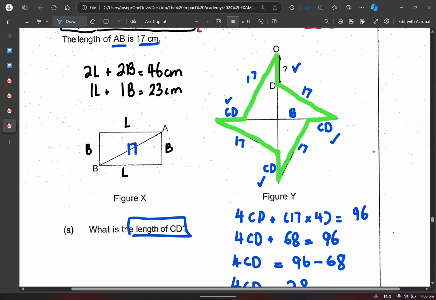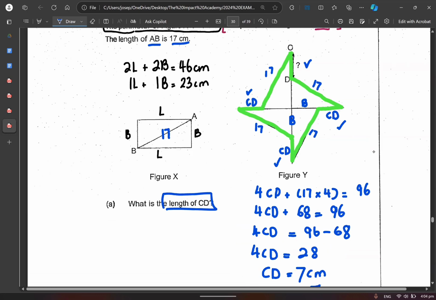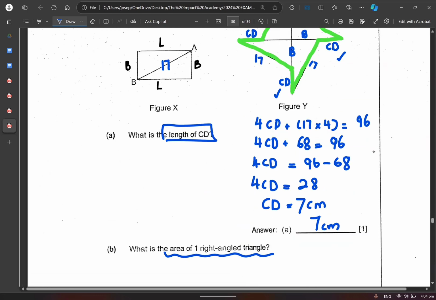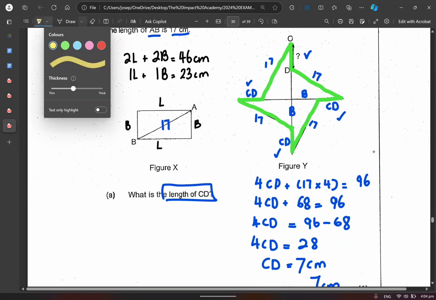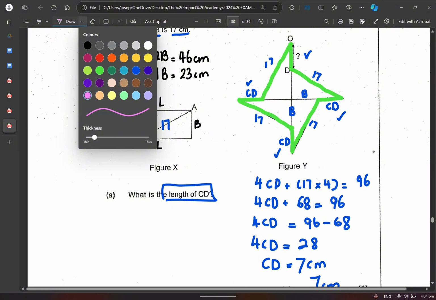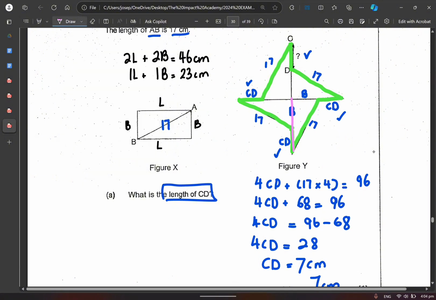And I realized that actually the breadth, or in fact, I say the length is made up of what? The length, I don't know if y'all can see, maybe I just highlight it in maybe pink color. Can you see the length over here? This is the length, true or not? Isn't this the length, which is the one over here? And isn't the length made up of the breadth plus CD?